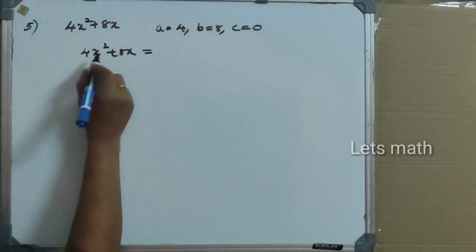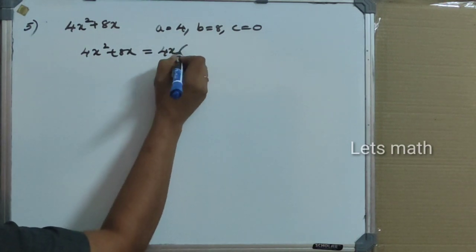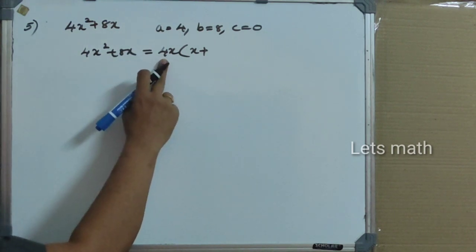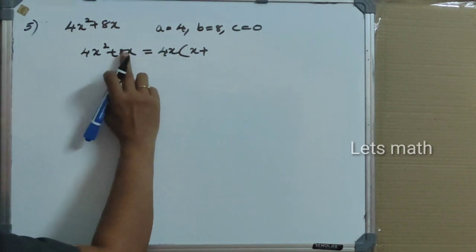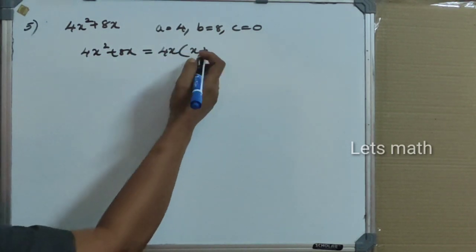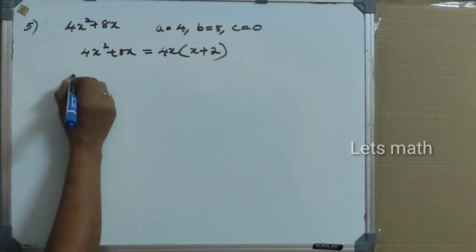We can take the common factor out. What is common here? Common is 4x. If you take 4x out of 4x square, we get x. 4x into x is 4x square. Then from 8x, 4x is taken out, and we get 2. So now it is 4x into x plus 2.